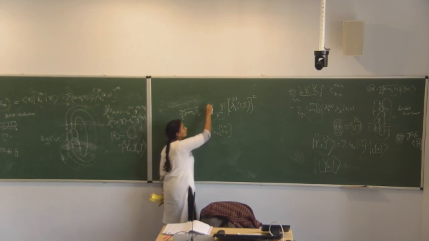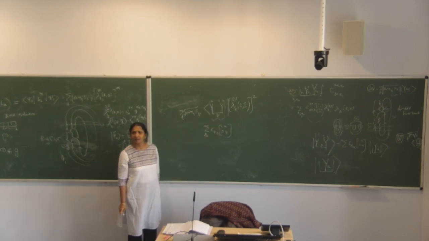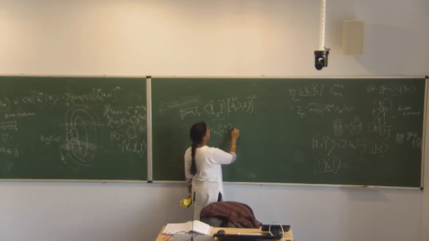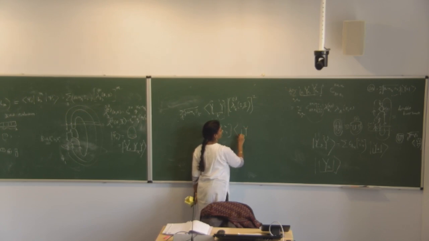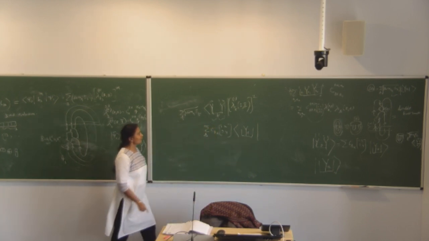I'm not writing what those are, but we can write it explicitly as R bar, R bar. You can put that later. And then you have a basis which is right.